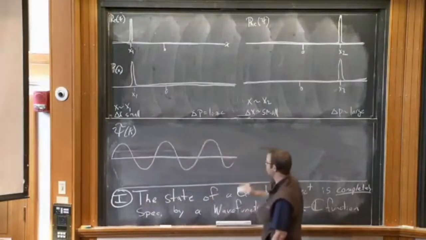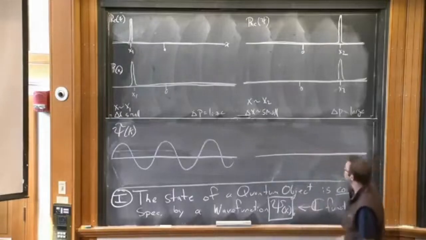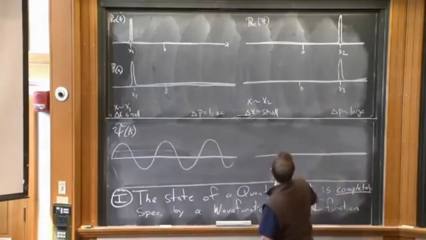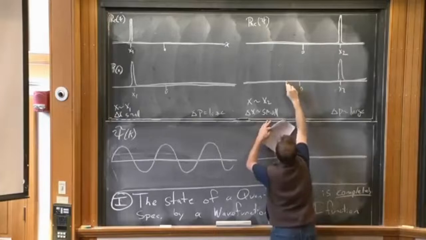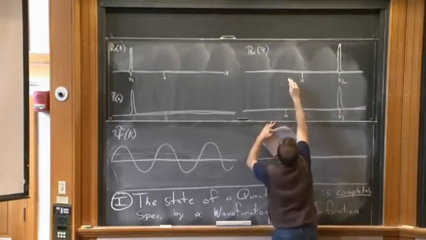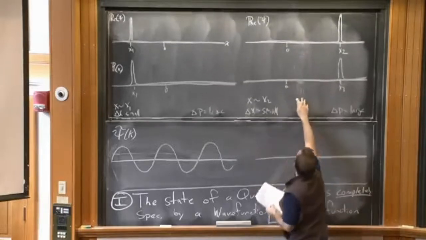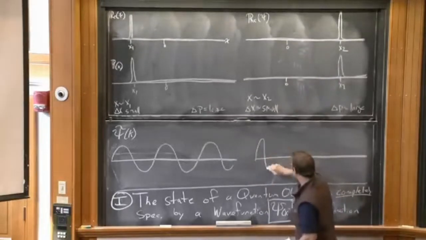And again, I'm drawing the real part. And here, had I had my druthers about me, I would have put x2 at a larger value. So it's further off to the right there.